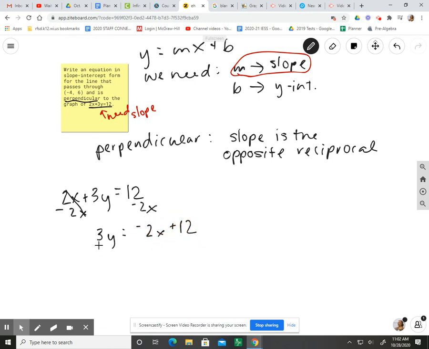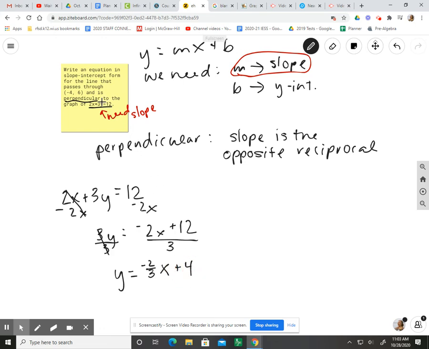Now we still need to get y by itself, so we'll divide the entire side by 3. So y equals negative 2/3 x, then 12 divided by 3, which is 4.